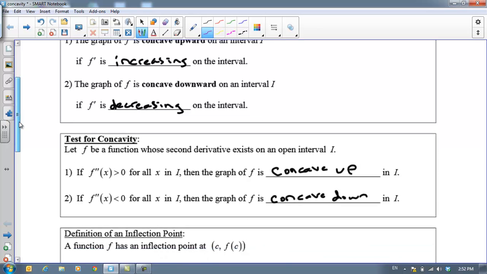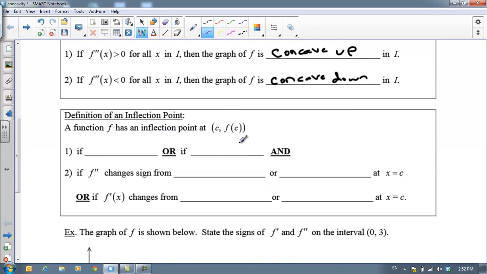So that's going to also bring us to an inflection point. Wherever we change concavity, we're going to define that as a point of inflection. A function f is going to have an inflection point if f double prime equals 0, or if f double prime does not exist, DNE, and on top of that we have to change sign.